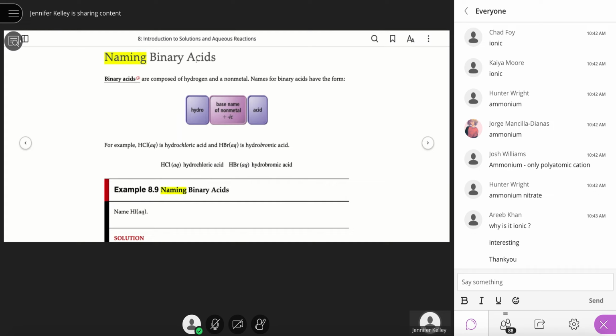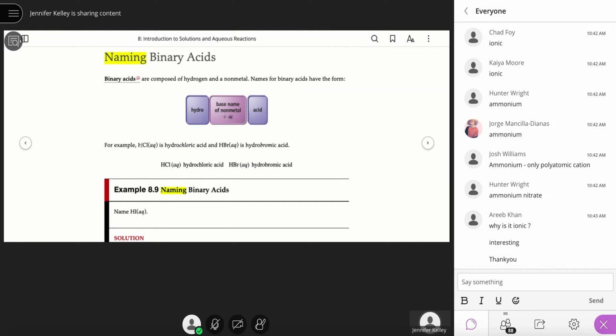How you name a binary acid, it has a prefix that's always the same, and that's hydro. And it has an ending that's always the same, which is acid. And the suffix is ic. So it's hydro something ic acid, always, when you have a binary acid. So you put the base name of the nonmetal in there.